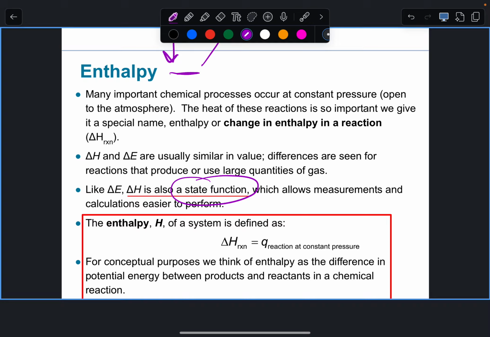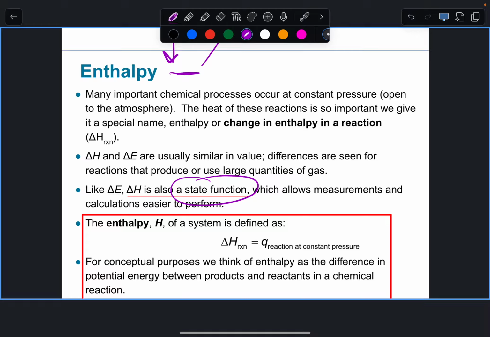When we have it at constant pressure, we see that it is path independent, okay? It doesn't matter the path it takes. So we give it a special name. We call it enthalpy, with an H as the abbreviation or symbol. And it corresponds directly to the potential energy difference between the reactants and products.